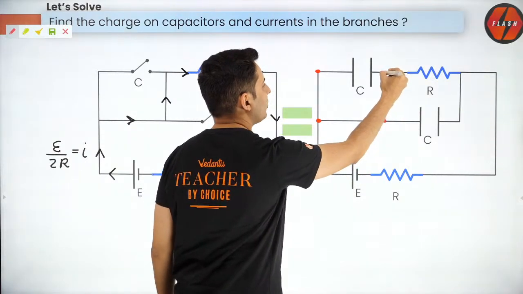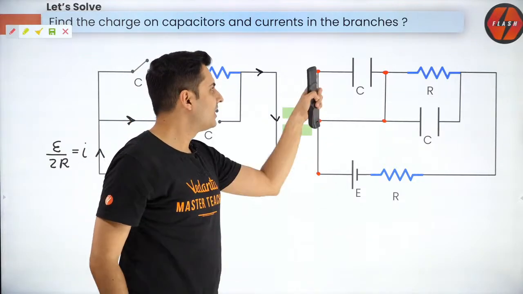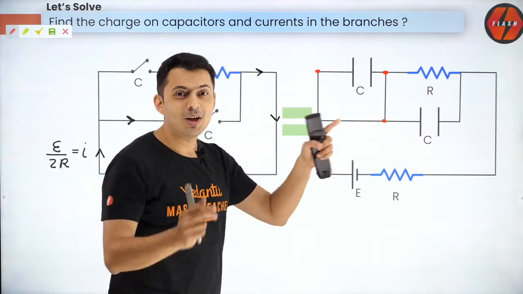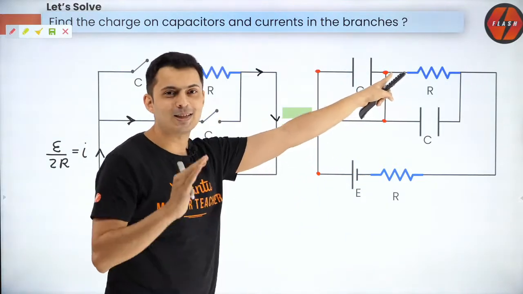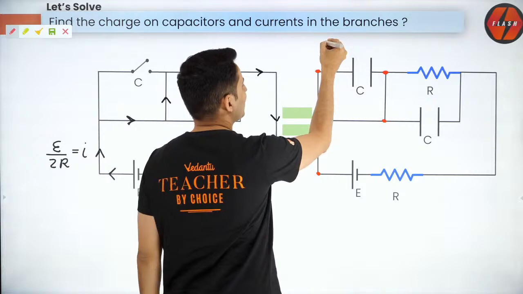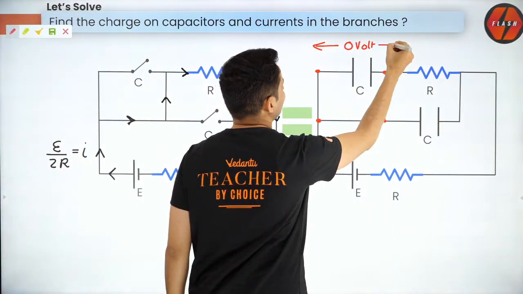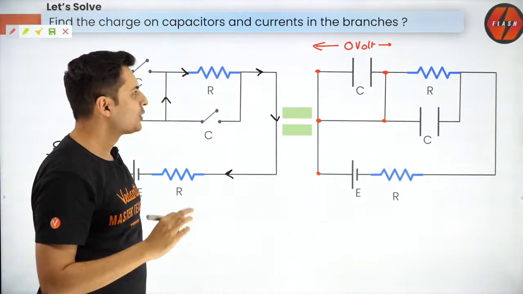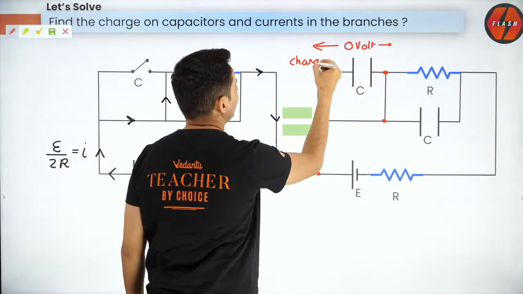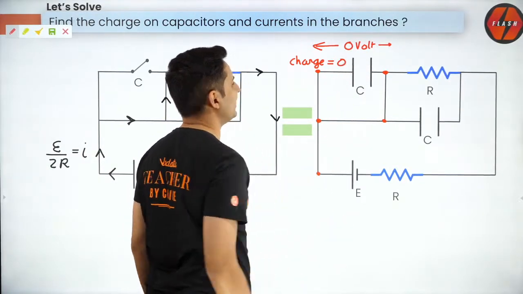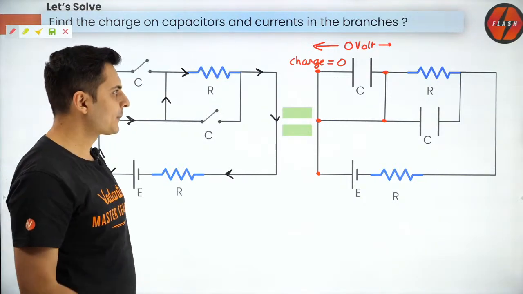That means this point's potential is also the same. Interesting fact is that across the capacitor, the potential difference is 0 because this point as well as this point are at the same potential. So if you ask me what is the voltage difference, I will say it is 0 volts. It's 0. So what is the charge on it? The charge on that capacitor is also going to be 0. No voltage, no charge. Excellent.